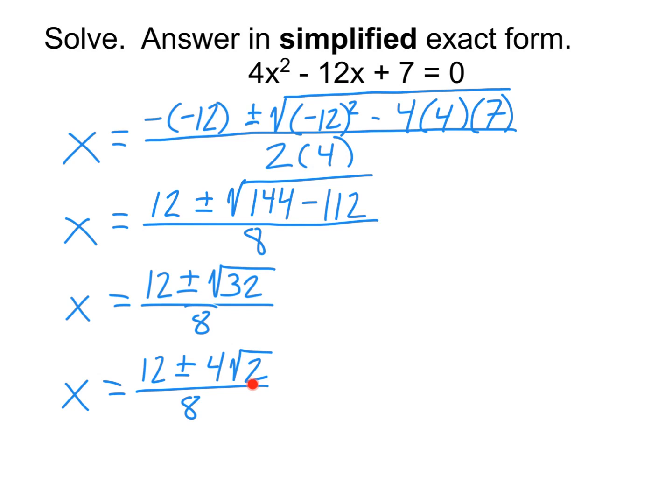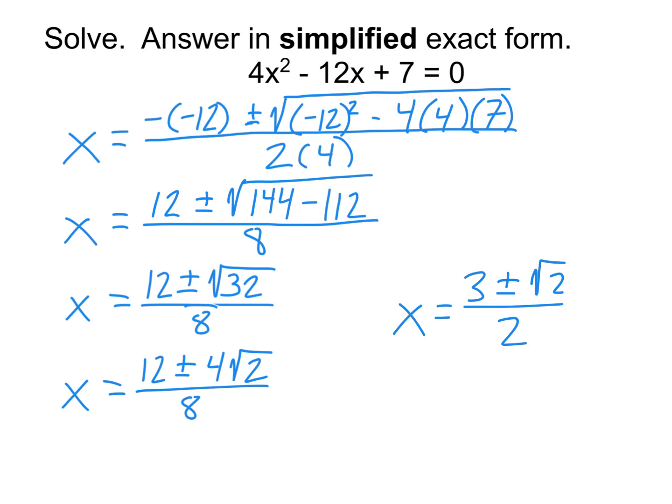The 2 that's left inside the radical doesn't change anything. So what can I divide 12, 4, and 8 all by? 2, yes. 4 is better. So we're going to divide all of them by 4, which gives us 3 plus or minus root 2 over 2. And that is the simplified exact form.